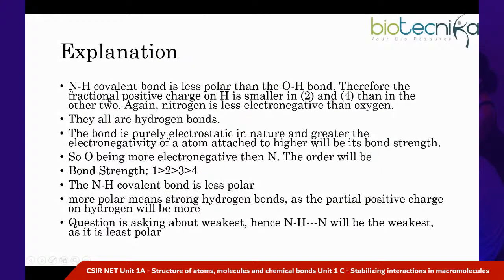So the NH covalent bond is less polar than the OH bond. Why is the NH covalent bond less polar? Because you look at the OH difference. Oxygen electronegativity and nitrogen electronegativity, you remember, right? So the nitrogen and hydrogen covalent bond will be less polar.